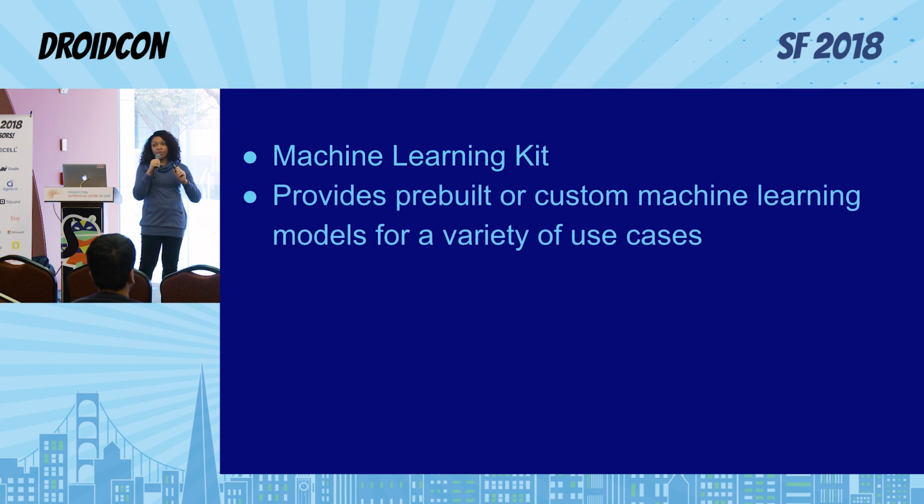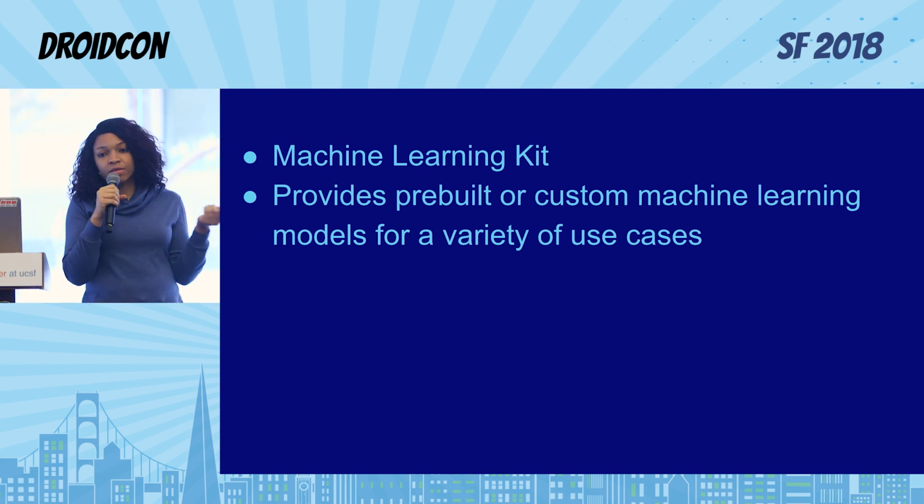So let's say you want image labeling functionality or landmark detection or barcode scanning. ML Kit provides that. Or if any of the APIs provided by ML Kit do not suit your needs, you can have a custom model.